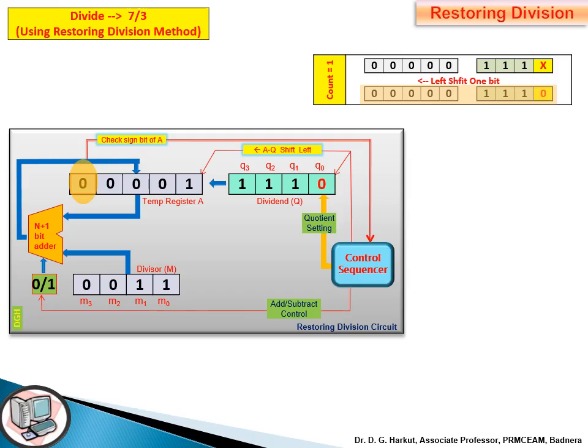At the start of second iteration, bit position in register A and register Q is like this. Register A contains all 0 and register Q contains 1110. First step in iteration two is left shift.